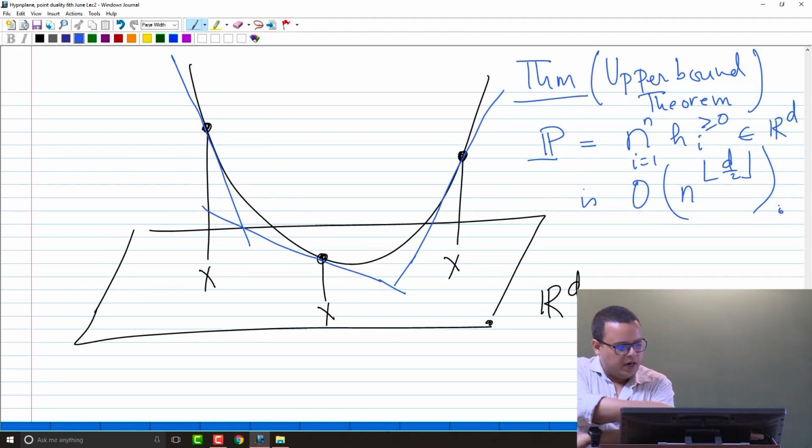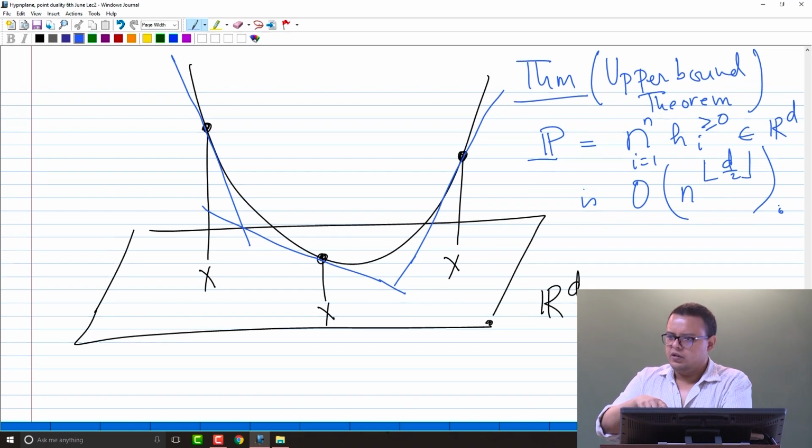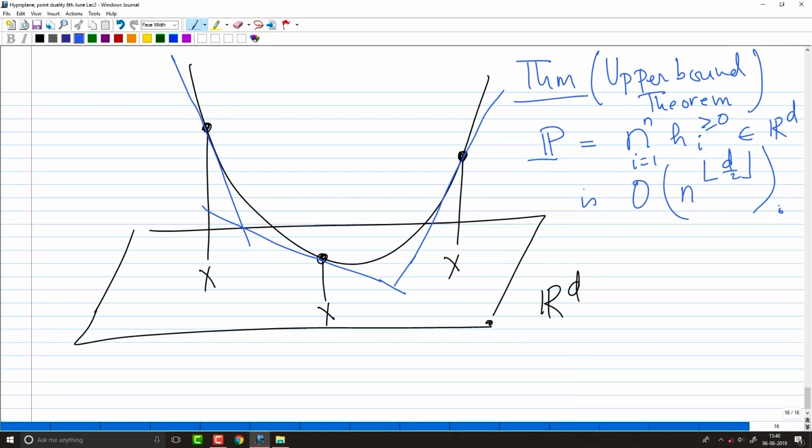Can I use that to get the complexity of the Voronoi diagram? Why should that be the case? What we have shown is that the Voronoi diagram is nothing but the lower envelope of a family of non-vertical hyperplanes in R^(d+1). So the complexity will be bounded by order n to the power floor of (d+1) by 2.